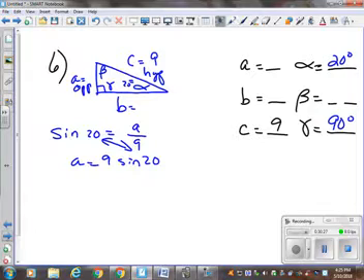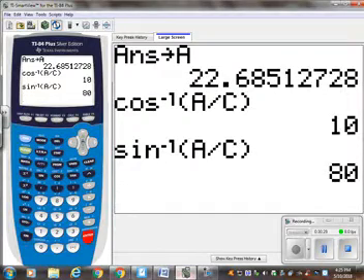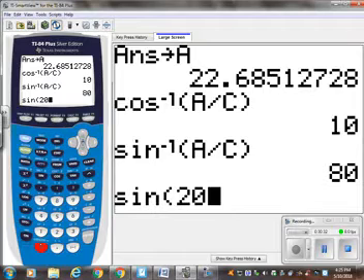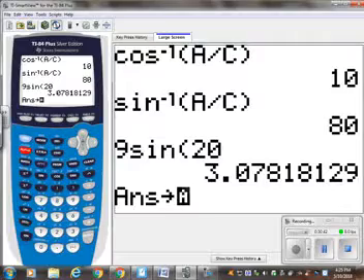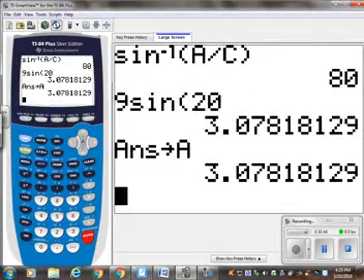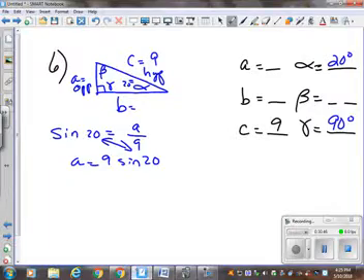Now we're going to store that in A. So 9 times sine of 20 is 3.1, stored in alpha A. All right, let's write that answer down. 3.1 is a rounded off answer.